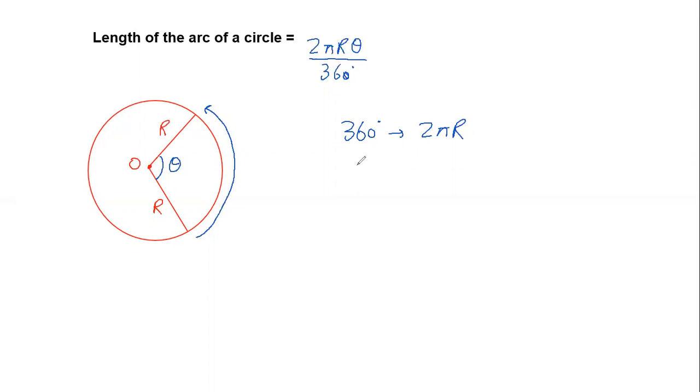Applying the basic unitary method, if the central angle is 1 degree, it will be 2 pi r over 360. And if the central angle is theta, I simply multiply this by theta, and that's how this formula is developed: 2 pi r theta by 360. So that's the length of the arc.